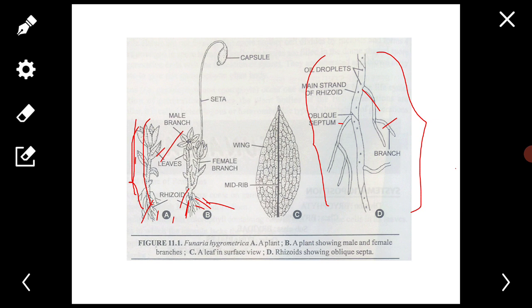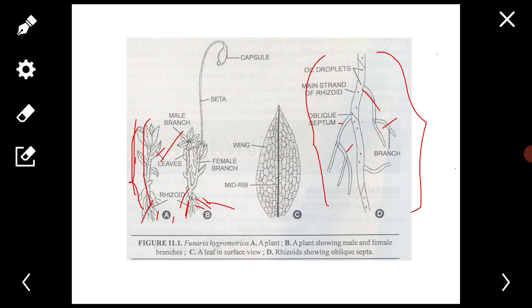Students, you see here, that is the oblique septa. They usually contain oil and develop chlorophyll if exposed to light. Young rhizoids are colorless, but at maturity they develop brown color.